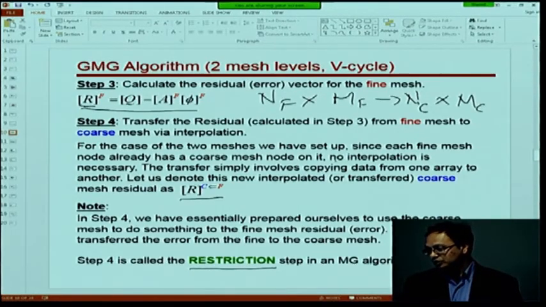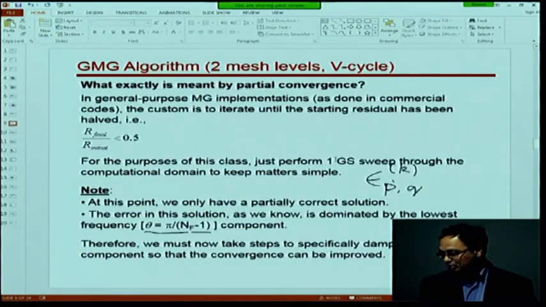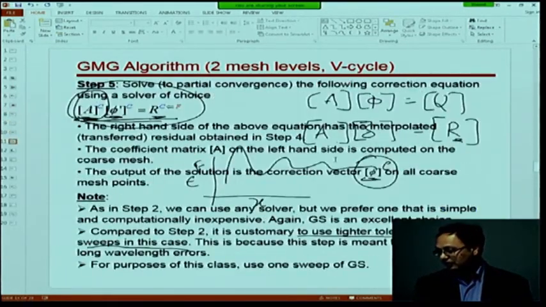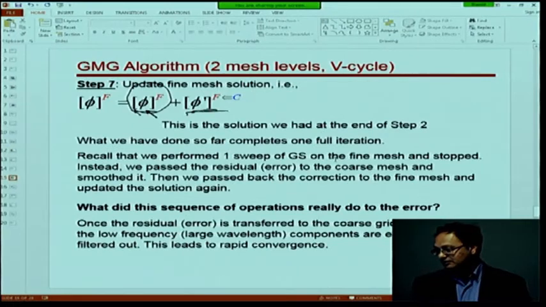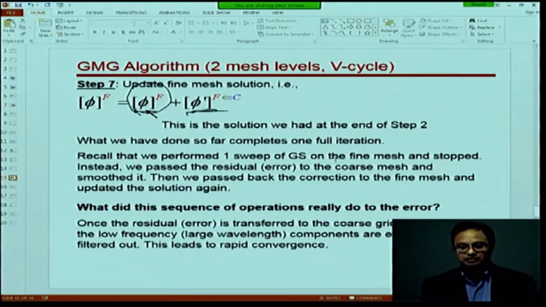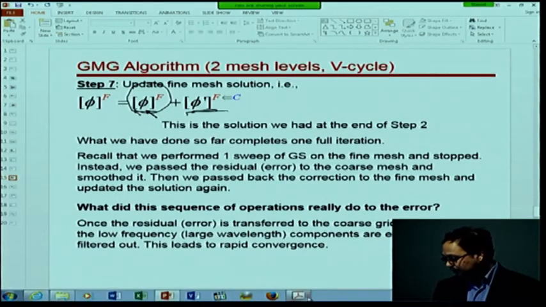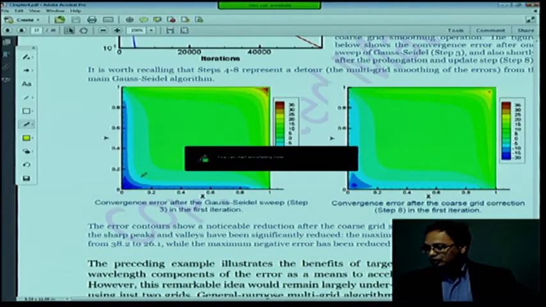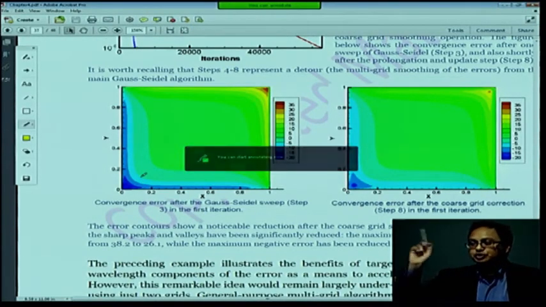The numbering on that write-up is slightly different than here, but step 2 here. Okay, and then step 8, or step 7 actually in this case, would be this part here. Okay, so you take that error that I was just showing you and you transfer it to the coarse mesh, you smooth it on the coarse mesh, add it back, and when you add it back, this is what the error distribution looks like.